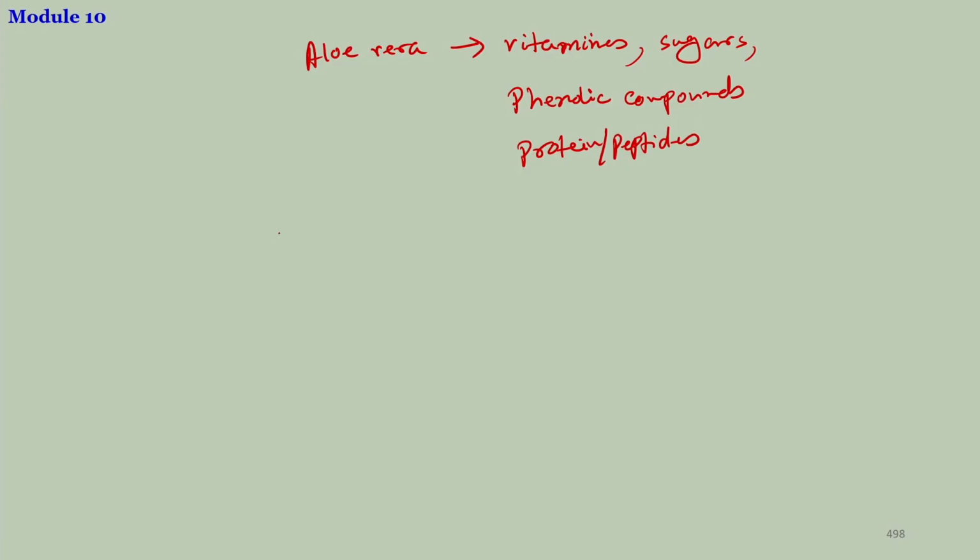So, when we are talking about sugars, it has a high amount of mannose. The structure you can find out, or polymannose, which is basically a polysaccharide.